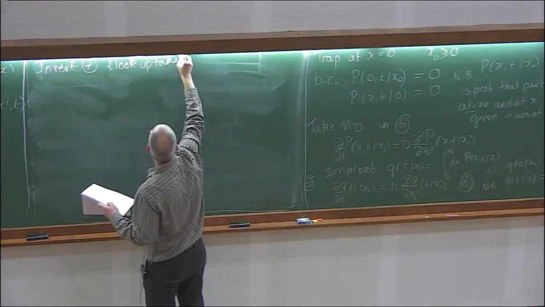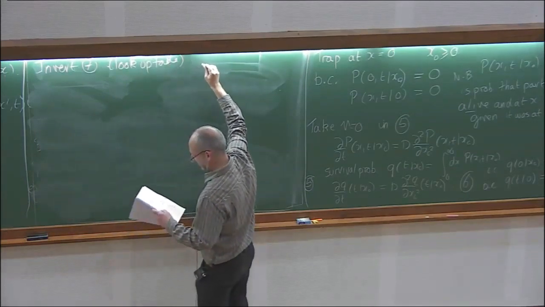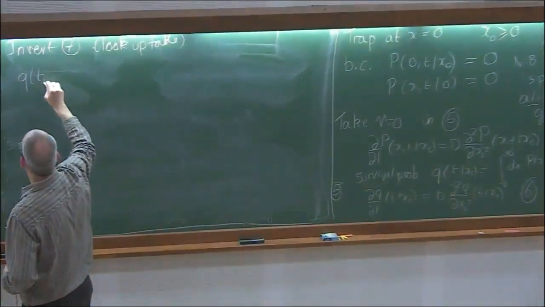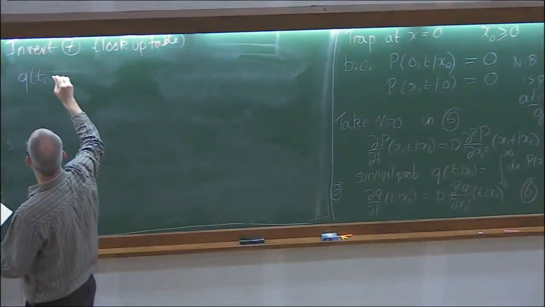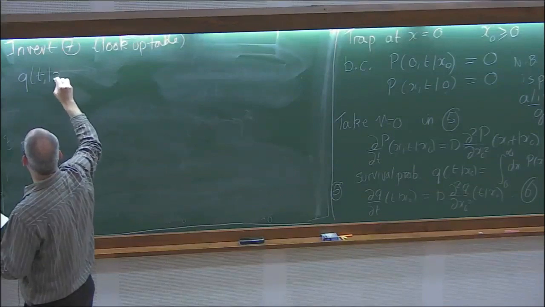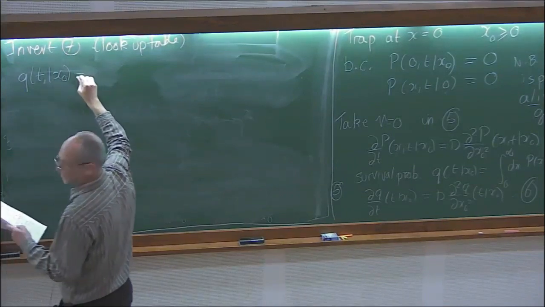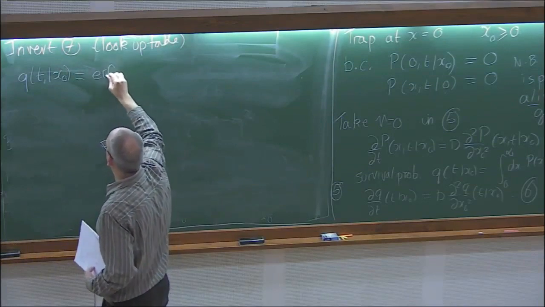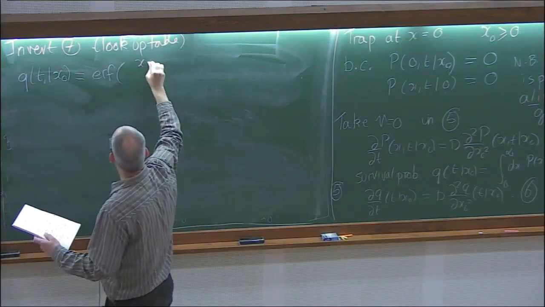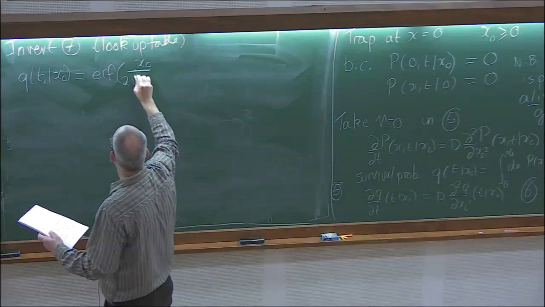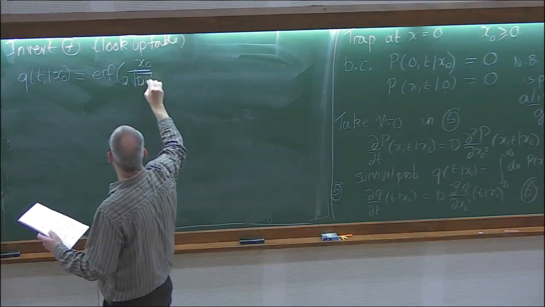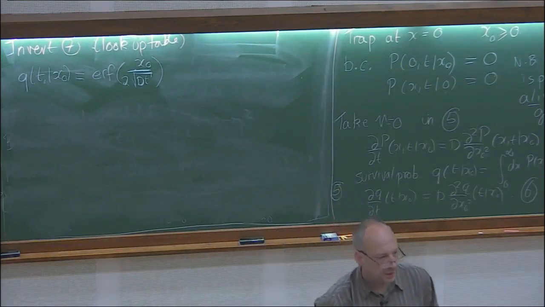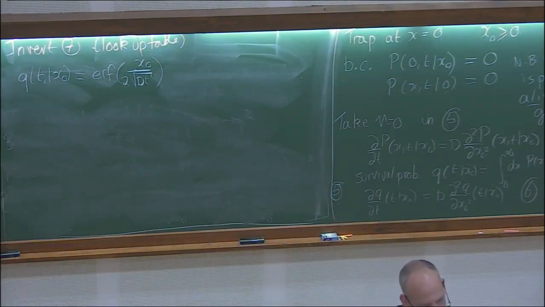What I find is Q, the survival probability at time t, starting from x naught, is in fact the error function of x naught over 2 square root Dt. So an error function is sort of an incomplete Gaussian integral.